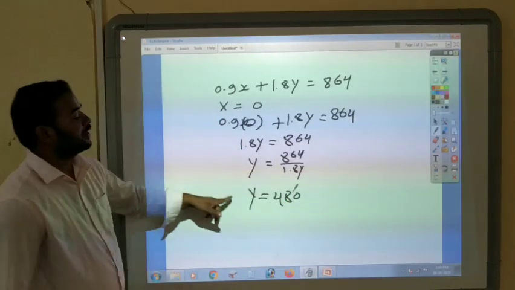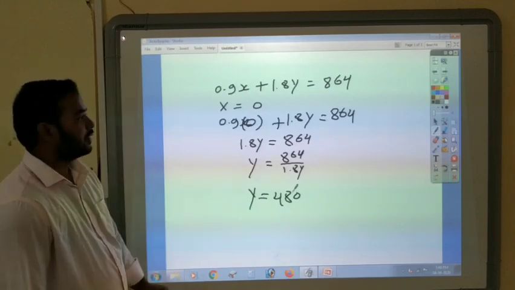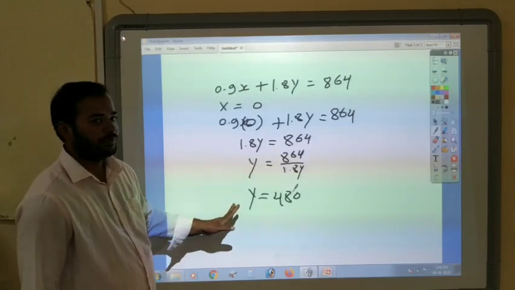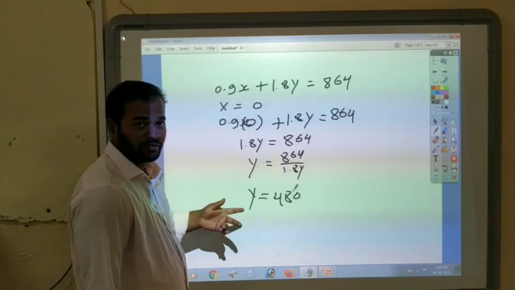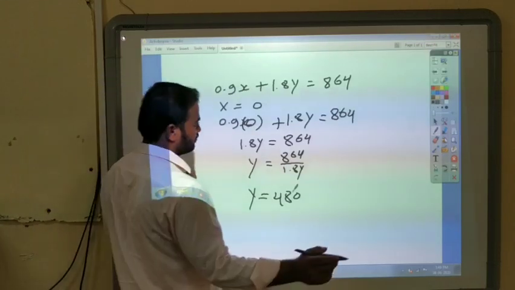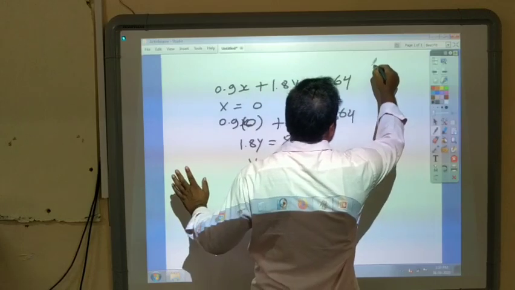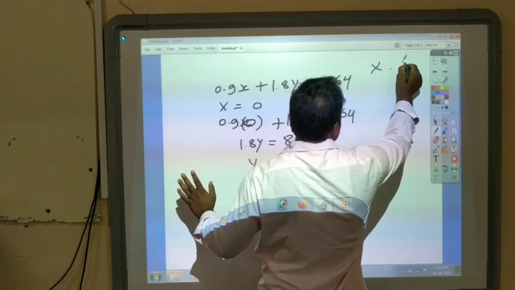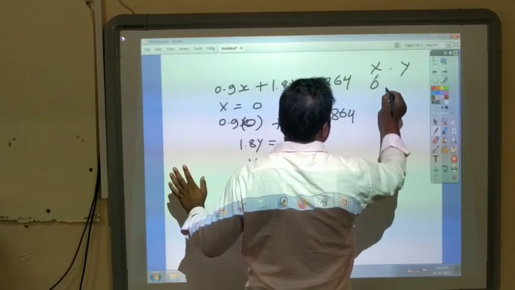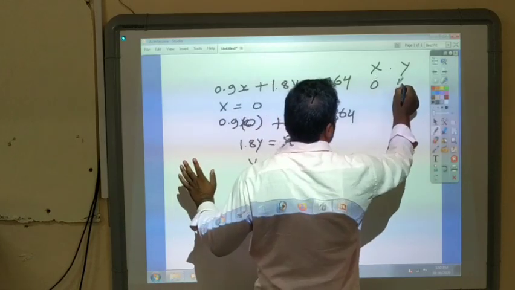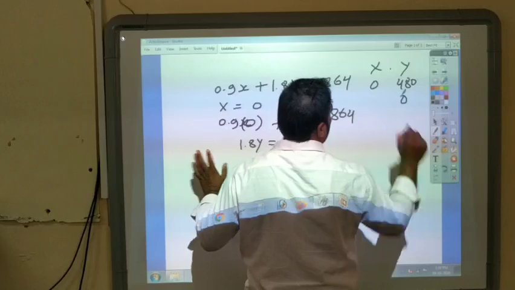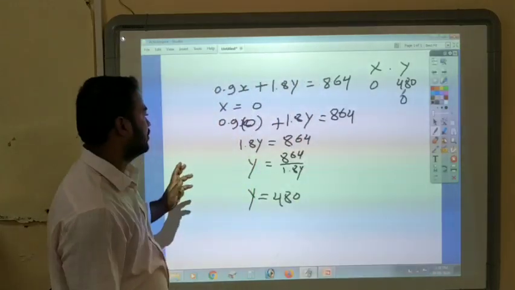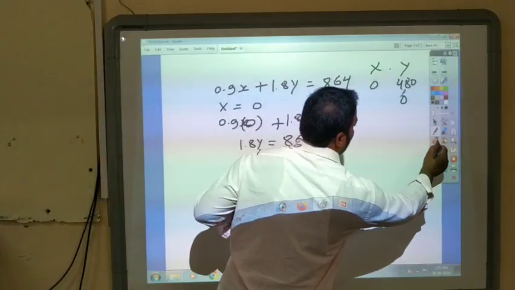Find the value of y, which is 480. Now, using the same equation, we identify the value for x. When x is equal to 0, the y value is 480. Now we put y equal to 0, and we identify the value for x.